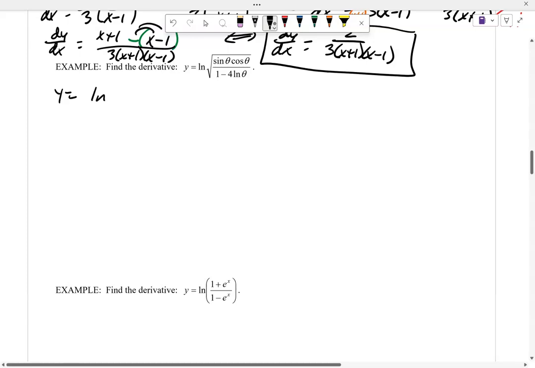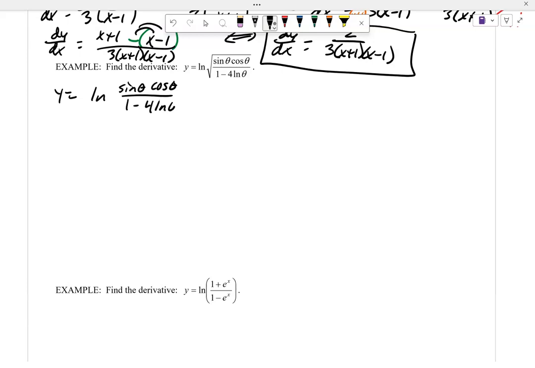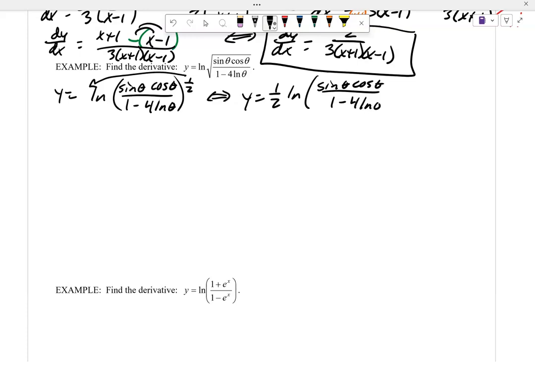Rewrite this natural log of the whole thing all to the 1/2. So we're going to put that 1/2 in front. And then we're going to use the quotient rule.